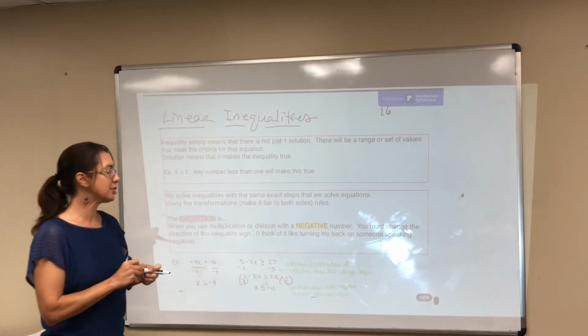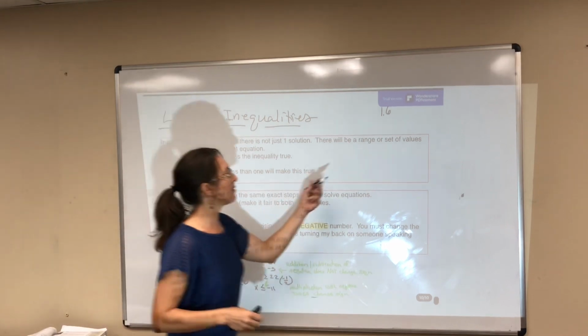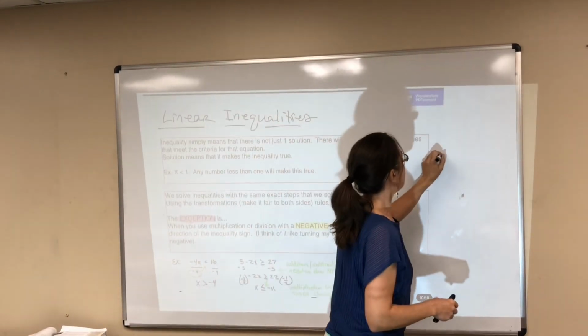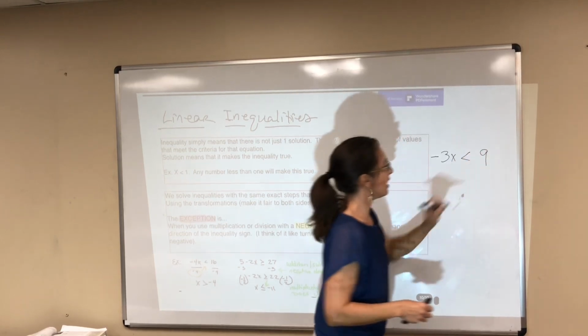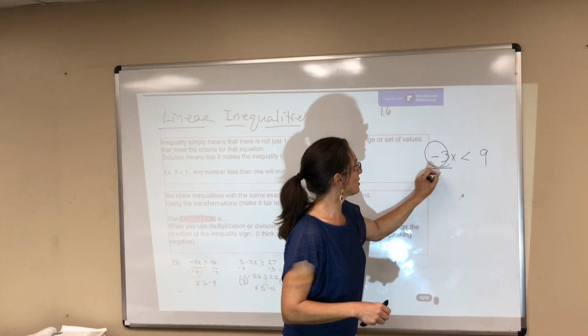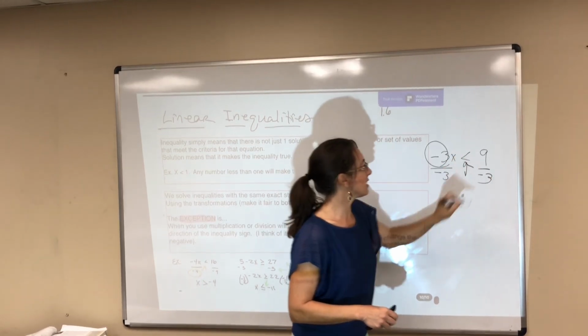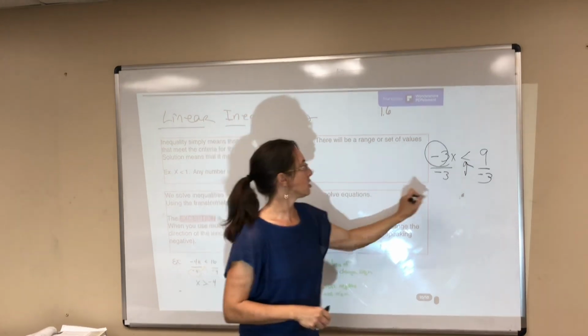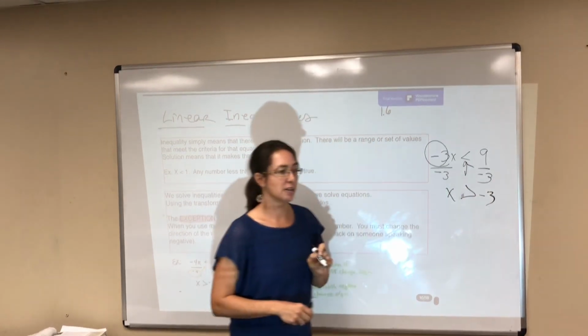So you probably saw that in Algebra 1, but if I have negative 3x is less than 9, if I am dividing both sides by negative 3, this sign has to change. So I have x is greater than negative 3.